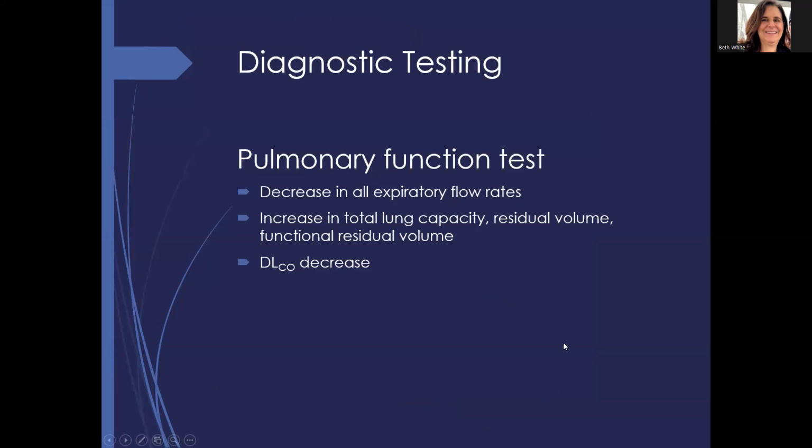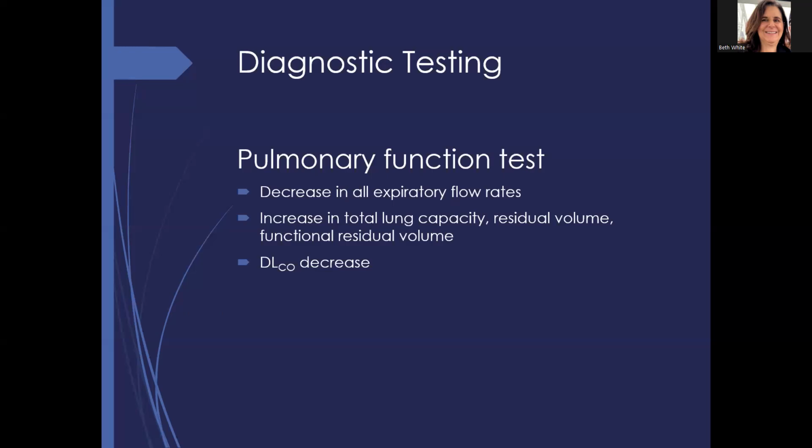I said it in the beginning of the lecture, but pulmonary function testing is the cornerstone for the evaluation and diagnosis of patients that have COPD or are expected or projected to have COPD. On a pulmonary function test, we are going to see a decrease in all of their expiratory flow rates. Why? Because they're having obstruction, so they can't exhale fast and hard.